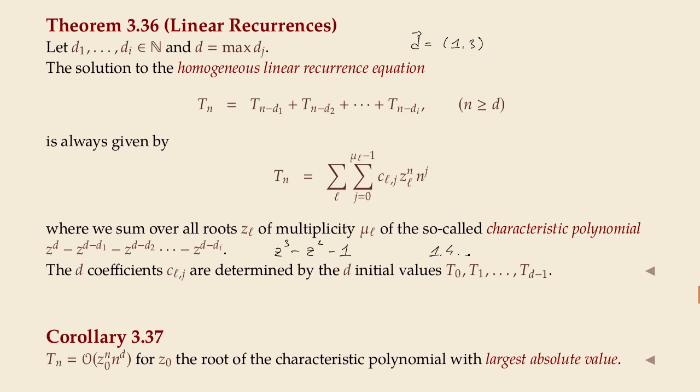If you insert all the other roots, then the other roots are strictly smaller. So you have an exponential distance between the largest one and the others. In case of multiple roots, then you have a polynomial. So it's at least an n factor that's missing from the leading term. Without any further restrictions, if D is the size of this vector, then you always have a form of this shape. But you could actually replace the D by the multiplicity of the dominant root, if you like.